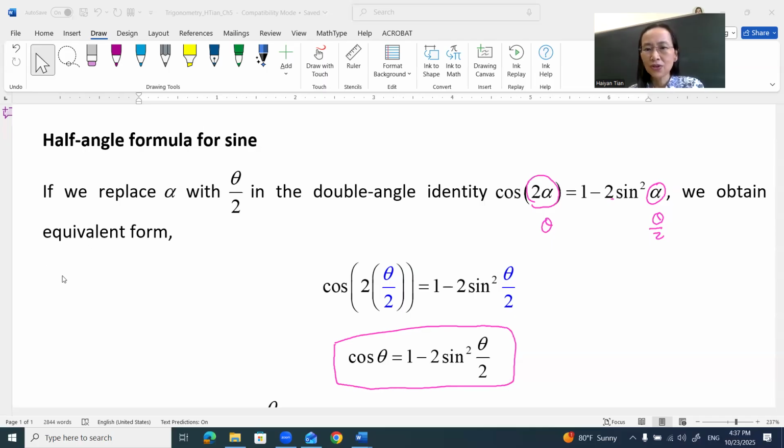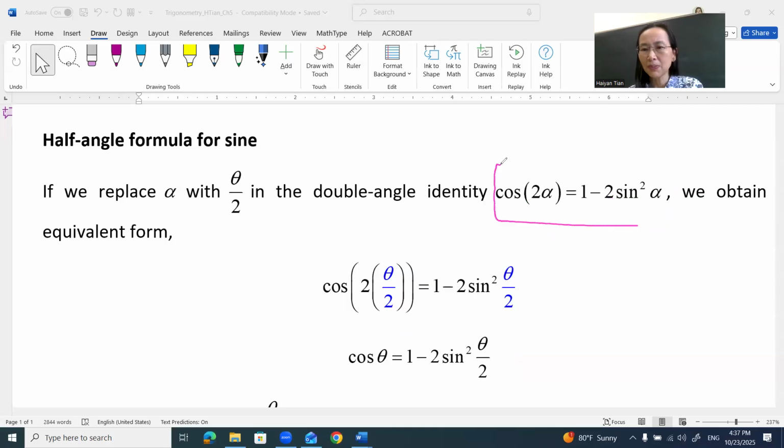So just for you to see, the double angle identity, now with a change of variable, becomes some identity involving theta and half of theta.